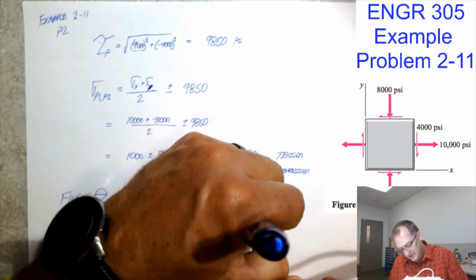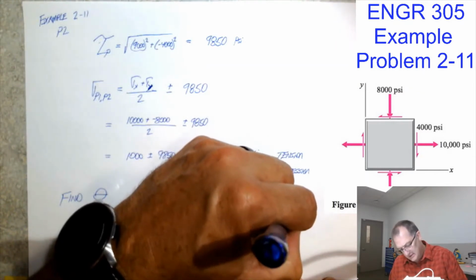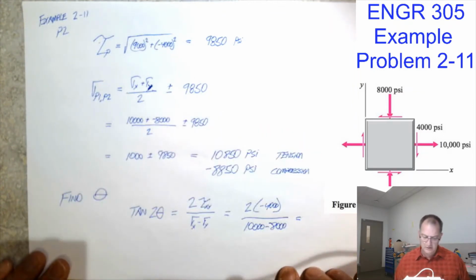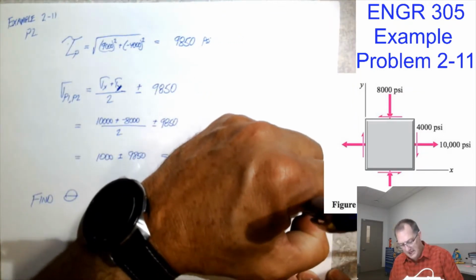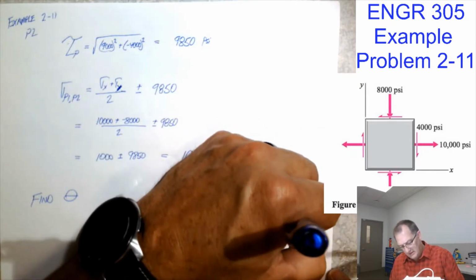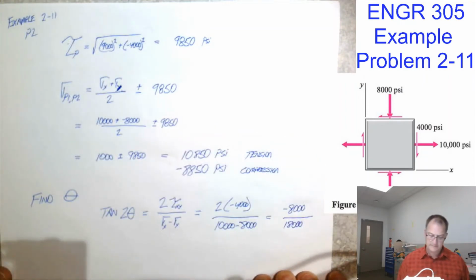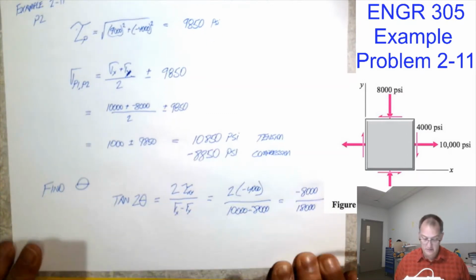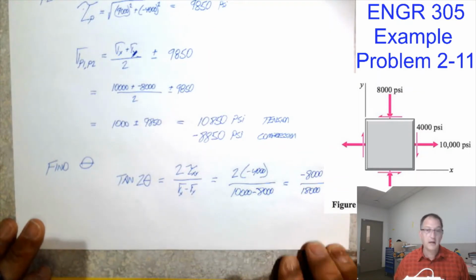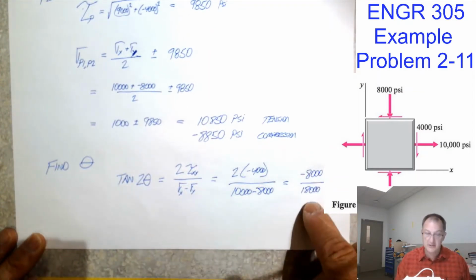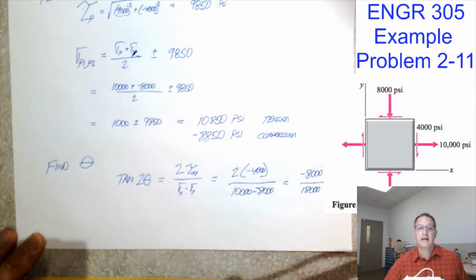I'll put the zeros down, minus negative 8,000, is equal to minus 8,000 over 18,000. Really time to start dropping a lot of zeros. Start using K, just use K for kilo PSI. All right, when I do that, now that's tangent of 2 theta, so we're going to calculate that out.